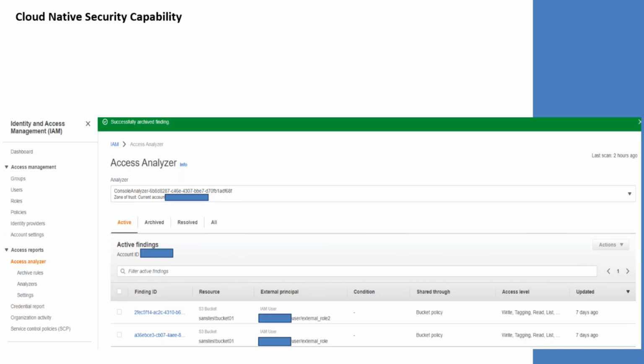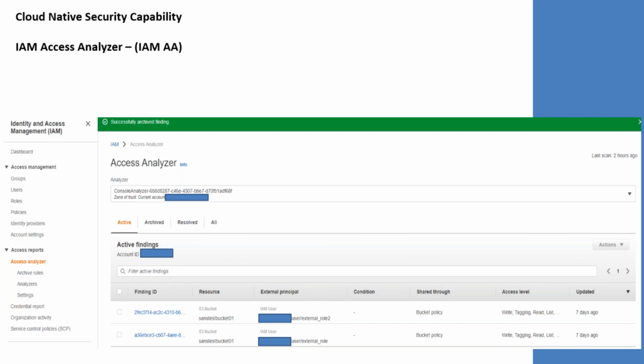They look at it through a different lens. It's actually telling you what principals can access your resources. All too often people think IAM Access Analyzer should tell me the IAM resources in my account and what they're accessing. While true, this tool is more of a resource access analyzer.